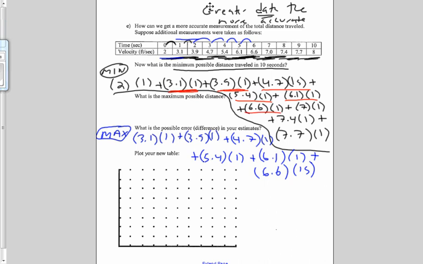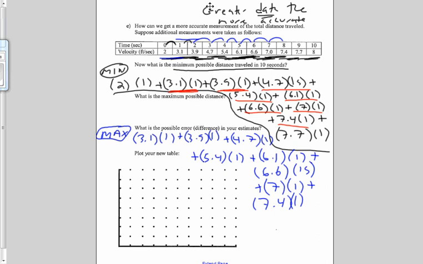And then from 6 to 7, we're going 7 feet per second for 1 second. So that's going to be my 7 feet in that time interval. And we have that here. And then from 7 to 8 seconds, I'm going 7.4 feet per second for 1 second. And that showed up in my minimum.